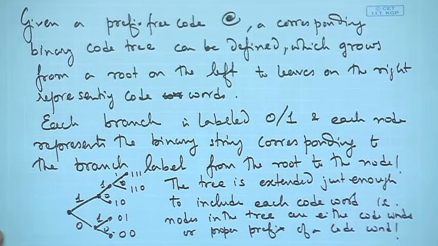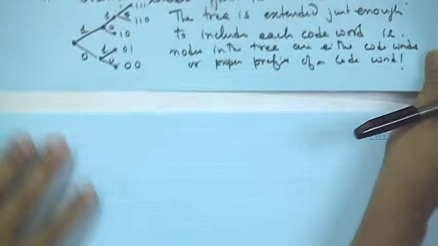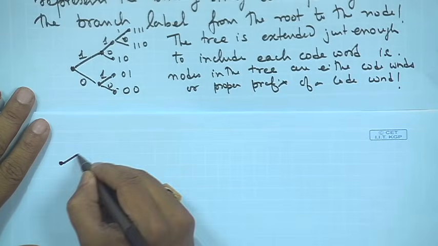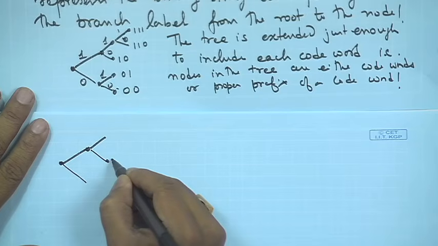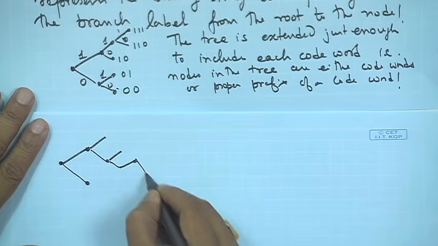Now, what it means is that the tree is not arbitrarily designed. That means, you can say that I start off a binary tree from here, from the root it grows towards the right, and then I keep on doing like this.